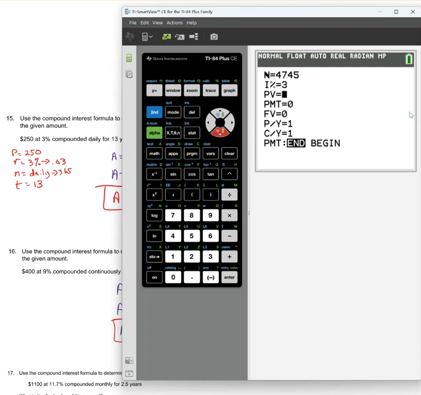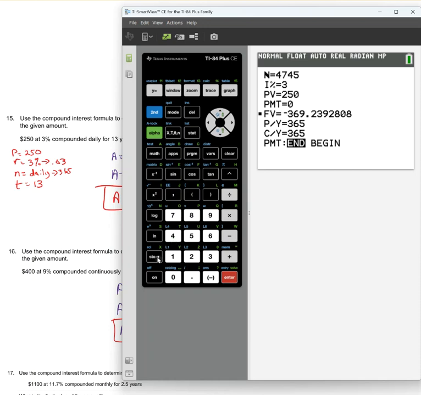The present value is 250. Payment, we don't have to worry about a payment. This is what we're going to solve on, future value, so we're going to leave that alone for a minute. Payments per year, this is where we'll put our 365, and it should just put it down in the CY. And now we'll go back up to future value, and we want to solve on that. So we're going to hit alpha and enter.